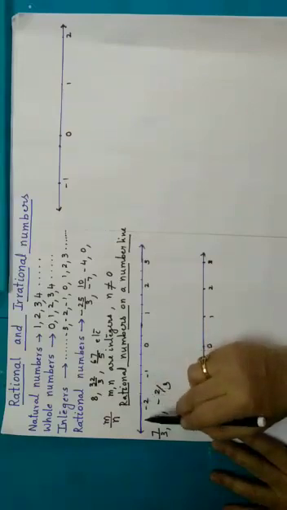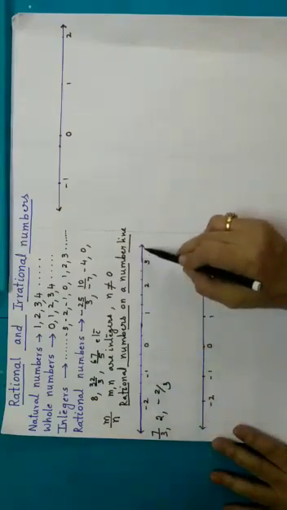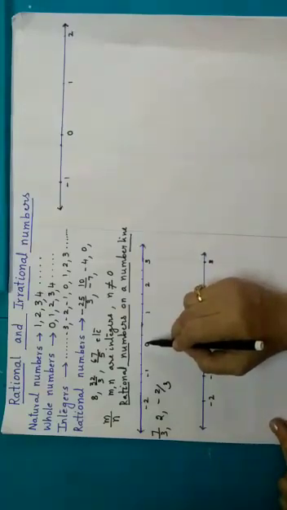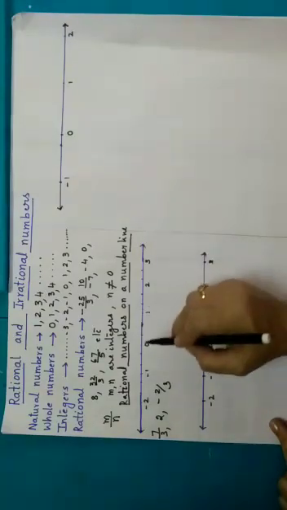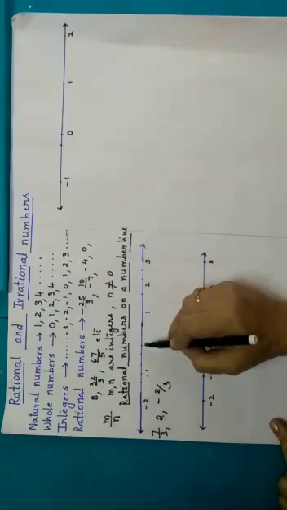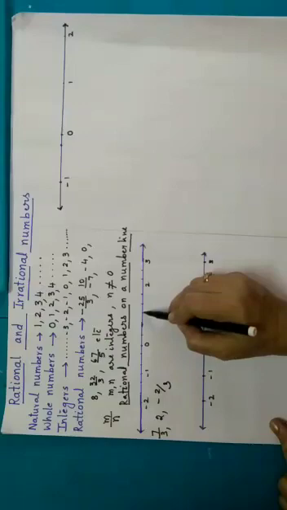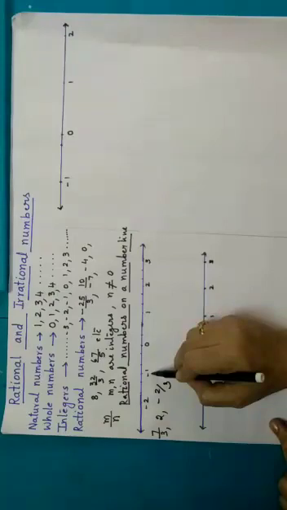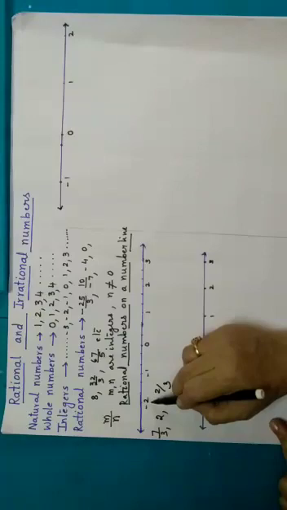First of all, draw a straight line and divide the straight line into different parts. First one is in the center, the origin, and take 1 inch distance and show unit 1, then 2, 3. On the left hand side, -1, -2.